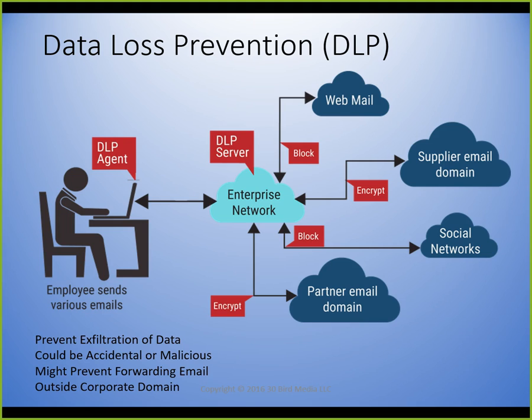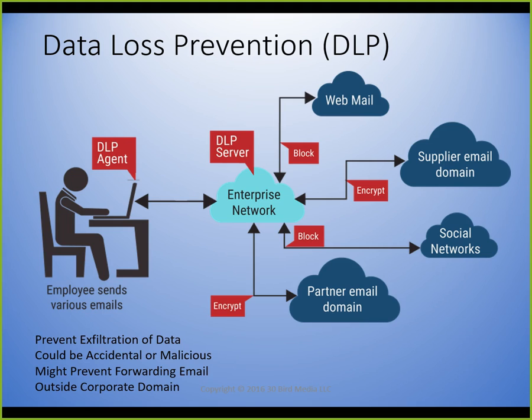So what we're trying to do with this down here at the bottom left is prevent exfiltration of data. Exfiltration means to get out of the network. That could be accidental or malicious. People sometimes give away information that they shouldn't, not because they're being malicious, but just because they don't know they shouldn't. They make a comment in a location that they shouldn't do that.